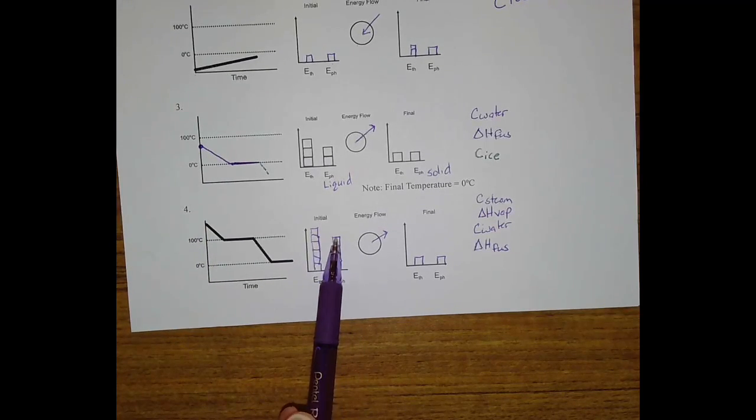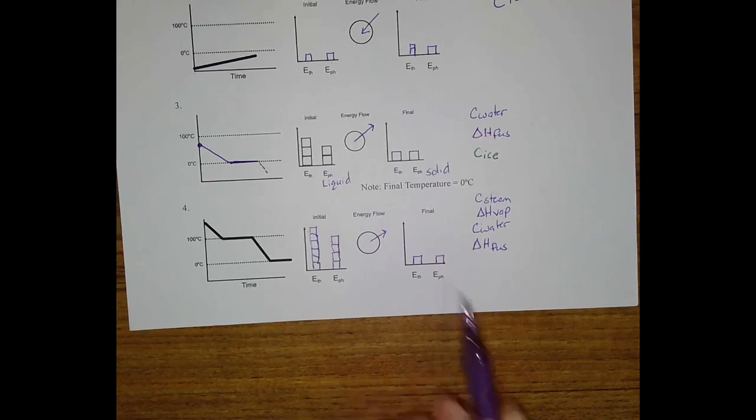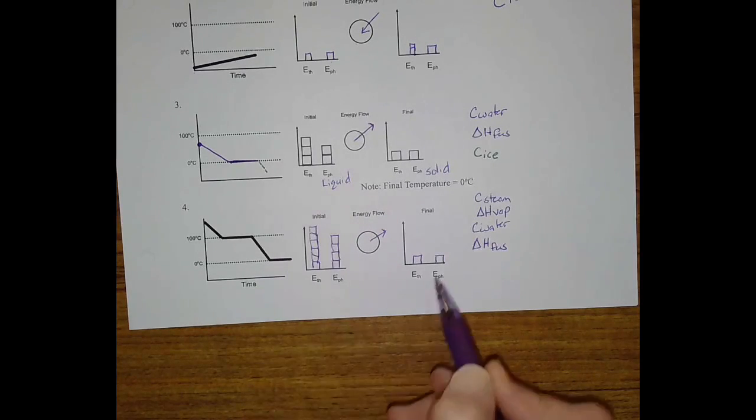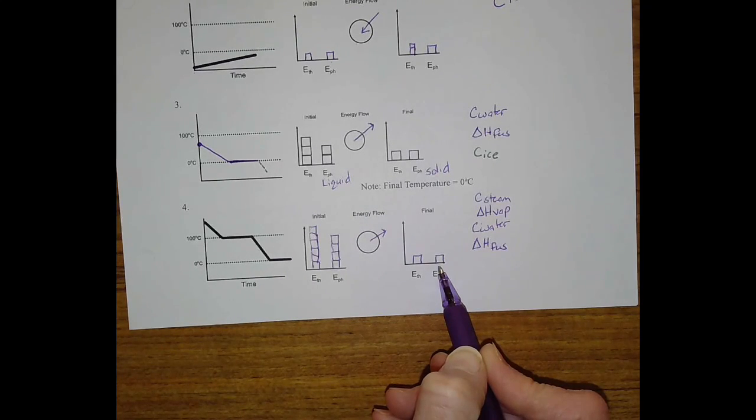At number 4, we were back to being given the heat and cooling curve again. I'm starting in the gaseous phase, that's 4 blocks tall, with a lot of thermal energy. It doesn't matter how high you build your stack, but just build it high so it looks really hot. And I'm going to end in the solid state. Down here, I've come down to being a solid, so down to only 1 block of phase energy.